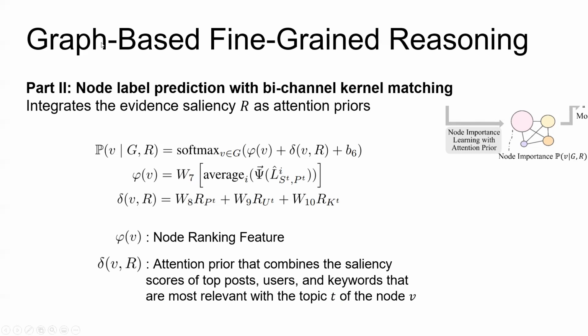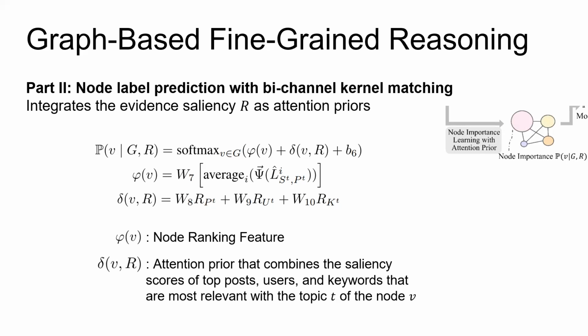And then part 2 is node importance learning. In this part, we use a softmax mechanism and also the prior saliency of each node to compute the importance of each evidence node V. The importance of node V is strongly determined by the matching of news sentences and posts that fall under this current evidence node, and also its attribute saliency.